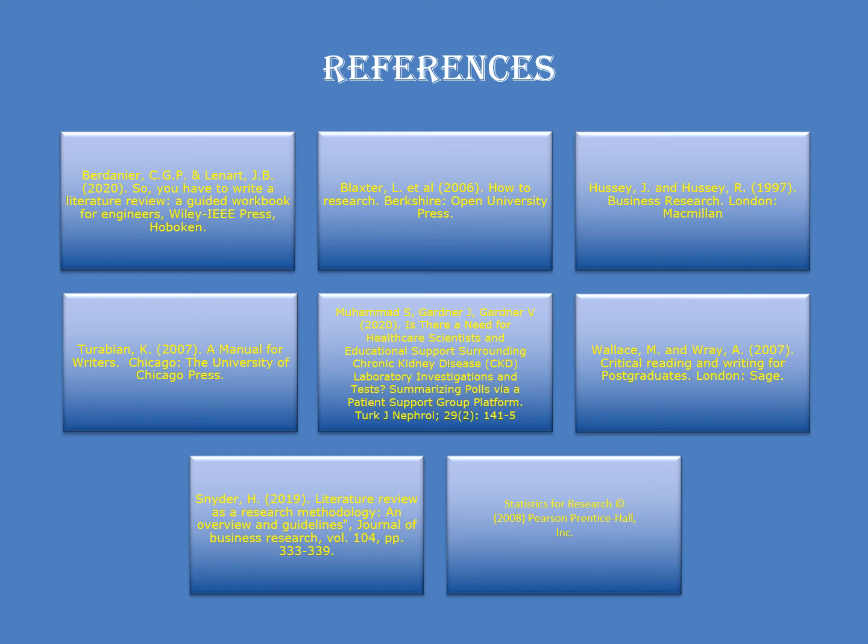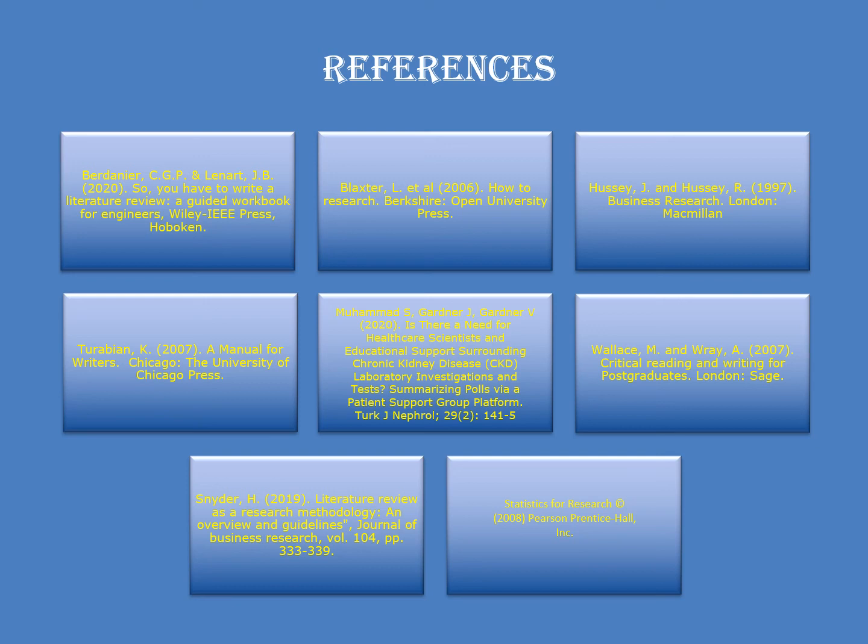Then there's a work by Blackster and team from 2006. It's a little bit dated, but still quite good, and they write on how to research. It's a Berkshire Open University Press publication.